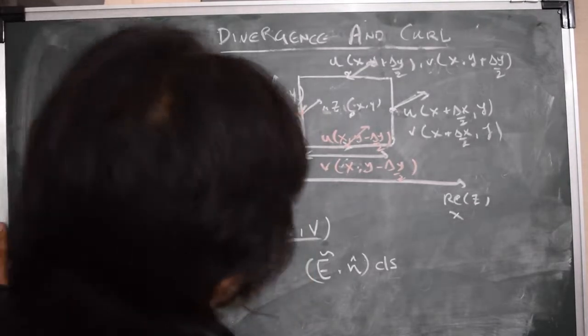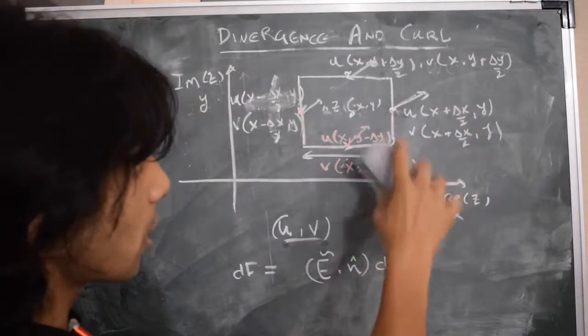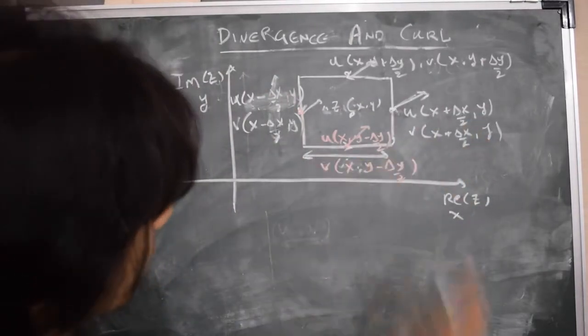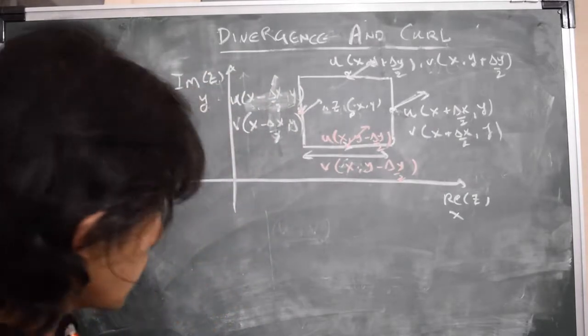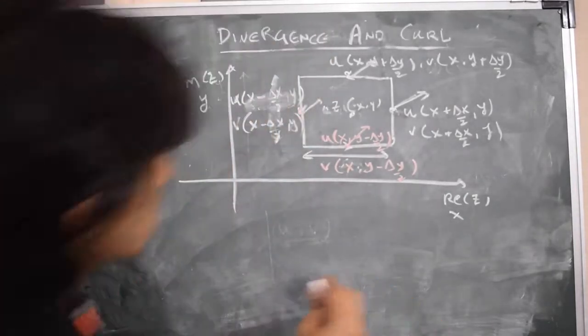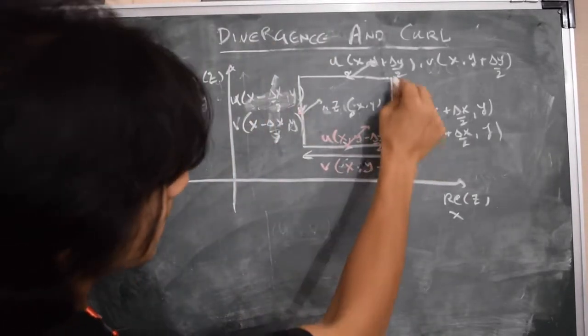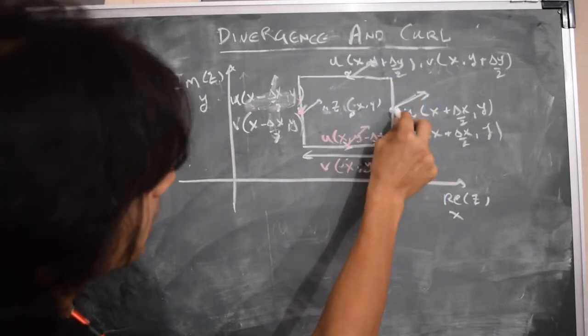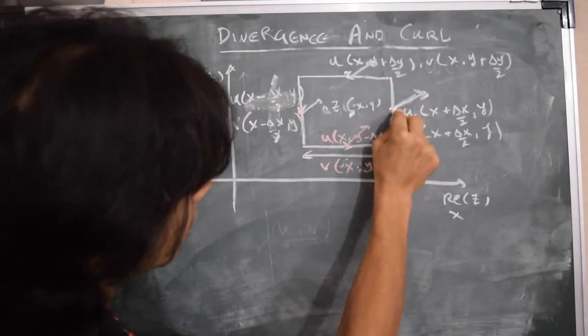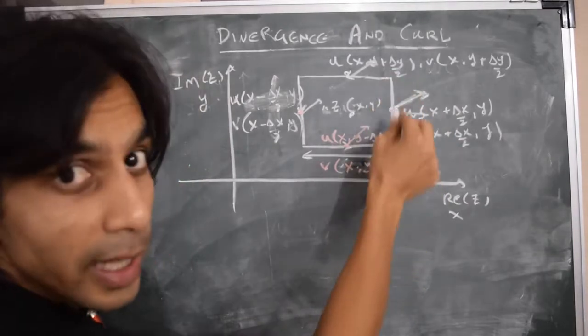Okay. So these are just labeling what the components of the vector field are. I'll just write it again in case it's gotten a bit clumsy here. So in order to evaluate the flux, let's say across this particular segment, we need to take the projection of this vector field along the normal to the curve and multiply it with the length of the segment.